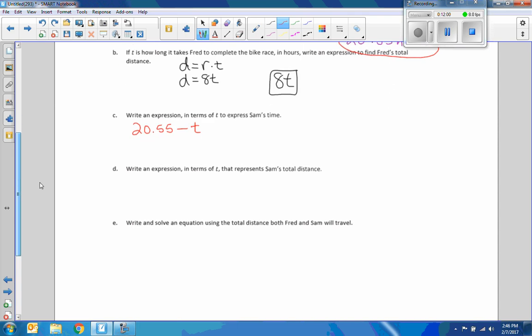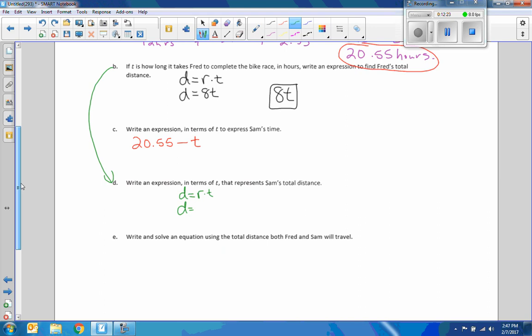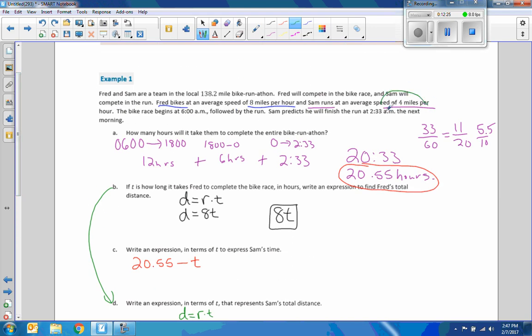D, write an expression in terms of T that represents Sam's total distance. Okay, so now we're kind of doing the same thing as we did in B, but now we're doing it for Sam. So we're going to use that D equals rate times time again. In this case, D equals our rate, which is 4 miles per hour.